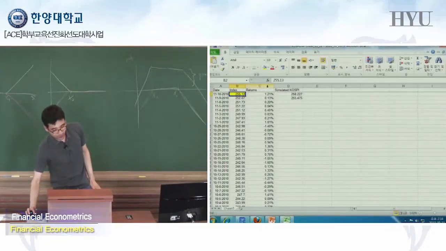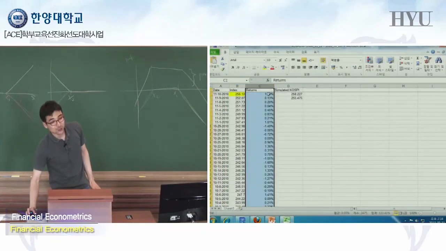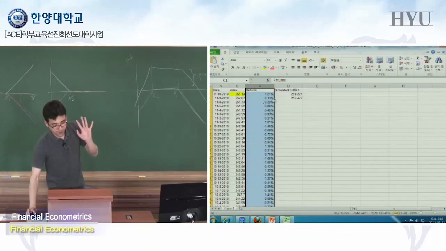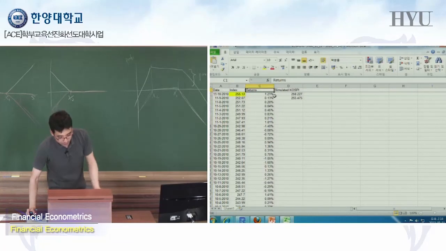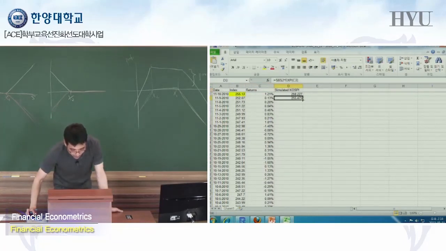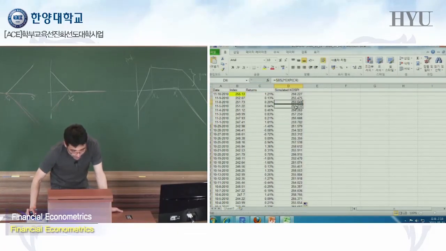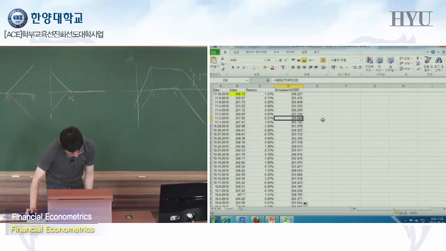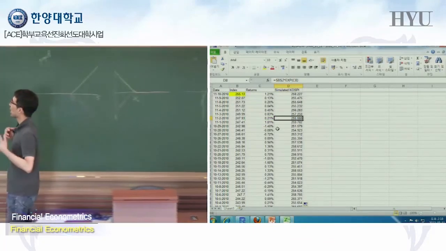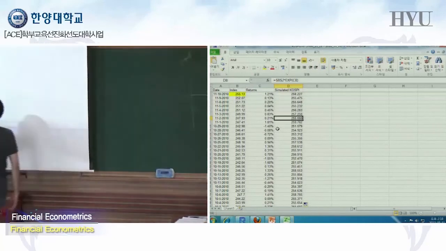Again, it is a historical return, and each historical return is a possibility. This historical return can happen to today's closing price. For example, this one is basically this multiplied by the exponential of this, which is what would happen if the scenario of November 3rd, 2010 happened again tomorrow.